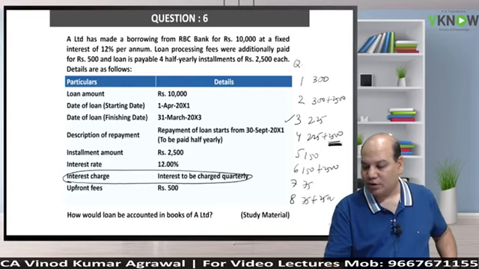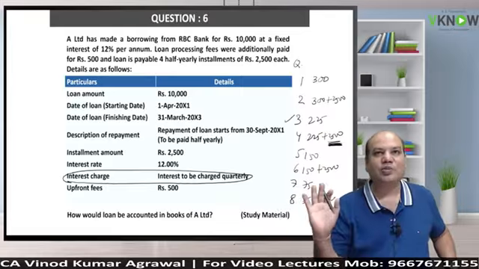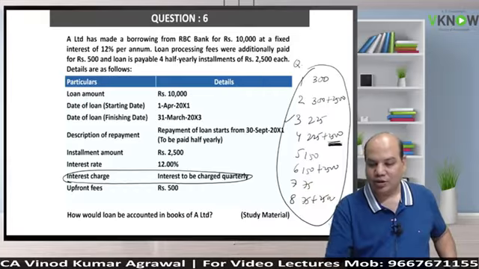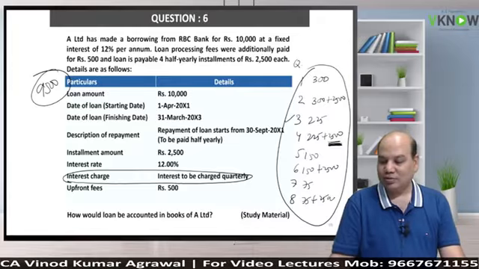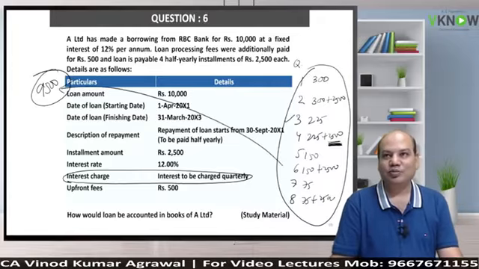75 plus 2500. First, you have to identify the cash flows in the problem. These are my cash flows. And 9500 is my fair value at the beginning. So find out a discount rate which will equate the two.